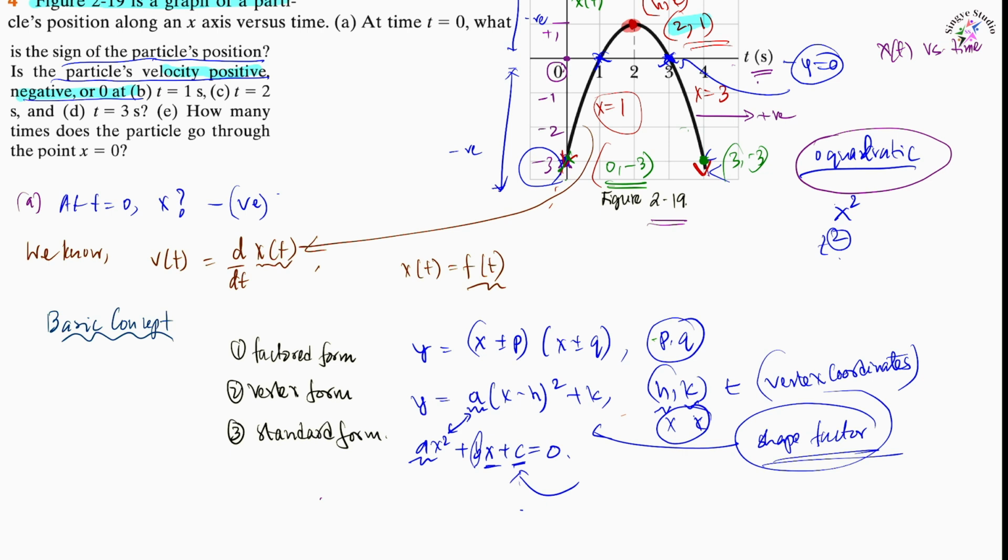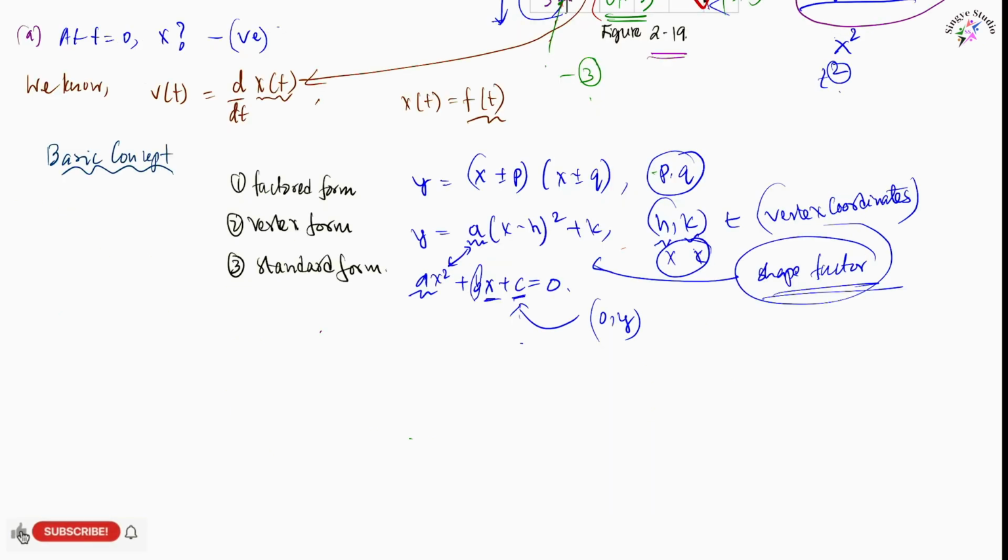Y-intercept means the point at which the curve crosses or cuts the y-axis, and the coordinates will be (0, y value). So for this curve, we know that at (0, negative 3) the curve cuts the y-axis. So the y-intercept is negative 3 in this graph.